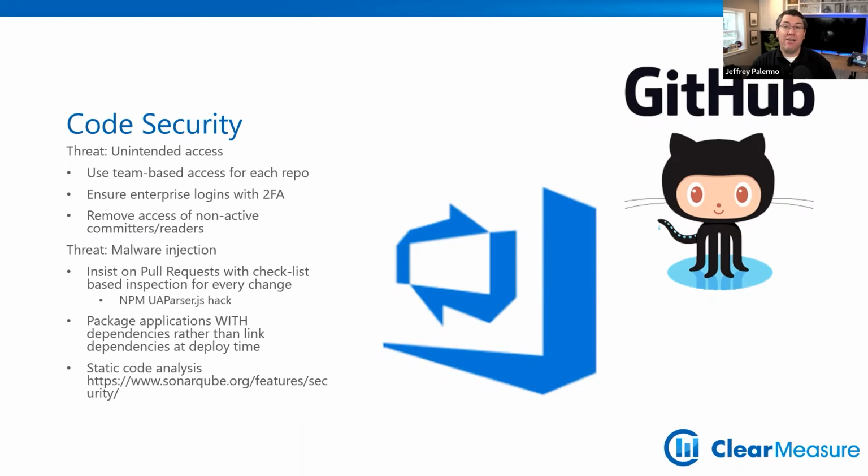We've seen that just in the last year with the huge ua-parser-js hack in NPM. Now NuGet is just as susceptible to it, but it just happens that NPM has been in the news a couple of times over the last few years, where a seemingly small library started out with just one committer, somebody that just threw up an open source project, and then some other libraries took a dependency on it.